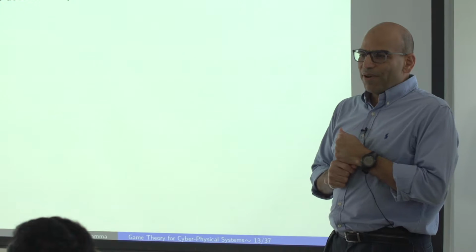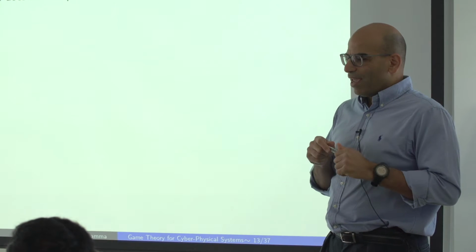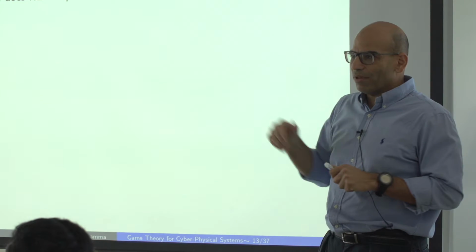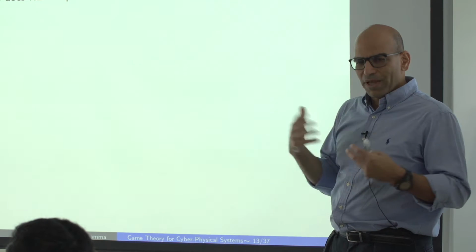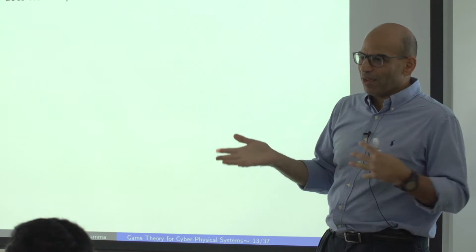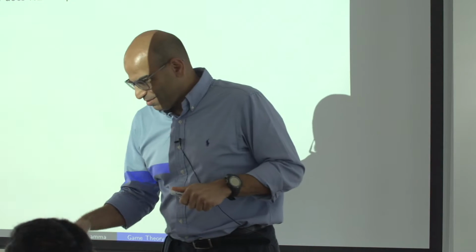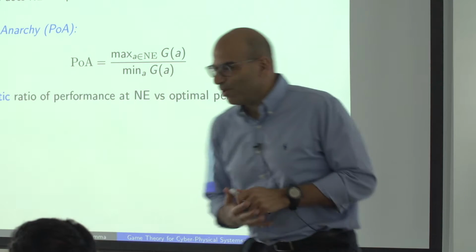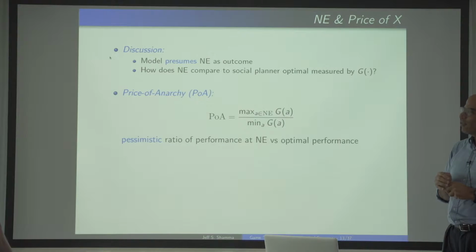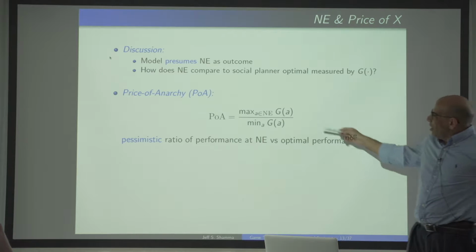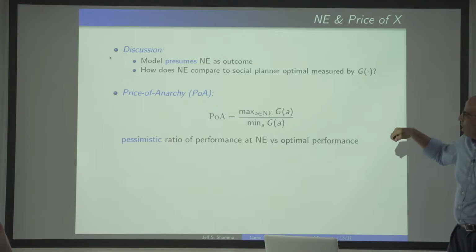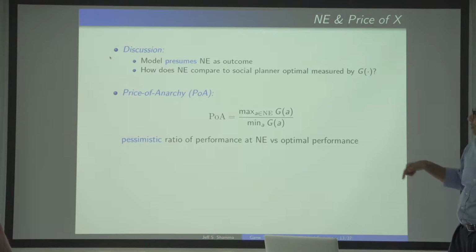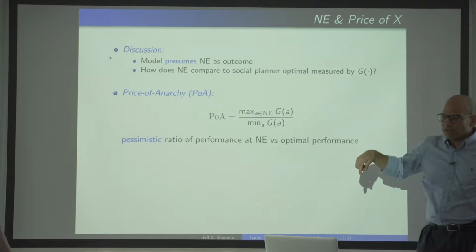So this kind of phenomenon has been investigated in the recent game theory literature, and it's been called the price of something. In particular, the terms that have been used are price of anarchy and price of stability. The marketing department was involved in these terms, but let's define what they mean. So here's the price of anarchy. This is in terms of costs, not rewards, so think of G as a cost.